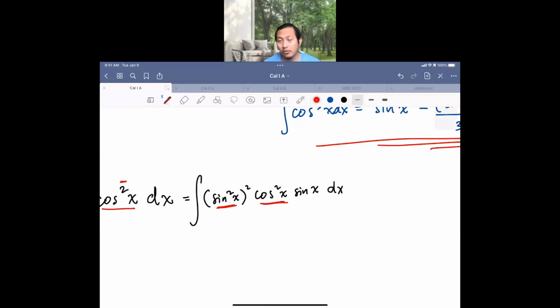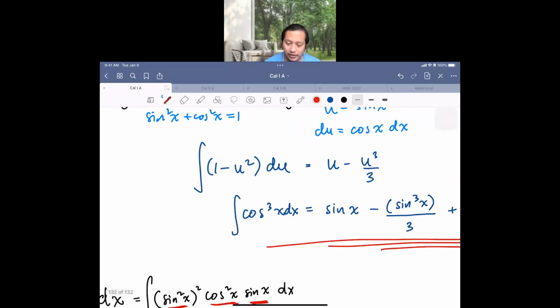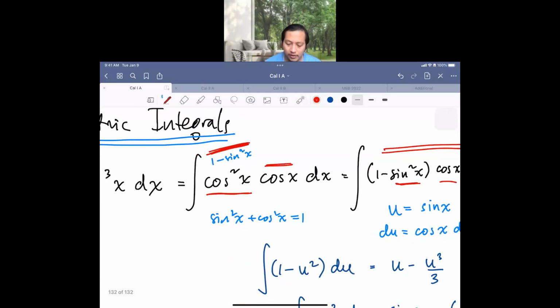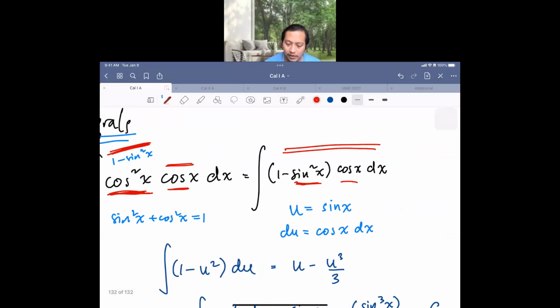What's our goal actually? This is not a random thing. Our goal is that the linear one is just sine x. Look here, for the previous one the linear one was cosine x, and we exchanged the cosine squared to become 1 minus sine squared. The idea for this pattern is for the linear one to be cancelled, cancellation.